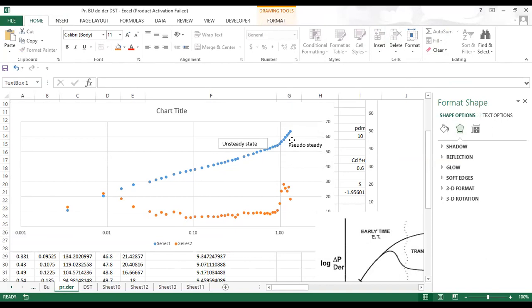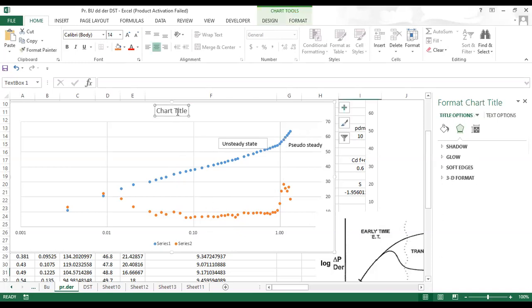This graph was from the same data, but there could be some issue with the formula. That could be the only reason I'm not getting the values exactly the way I'm getting here. So this all depends on the formula only. If you have the exact formula, then we can get these trends. This is how we can construct a pressure derivative graph and identify flow regimes.